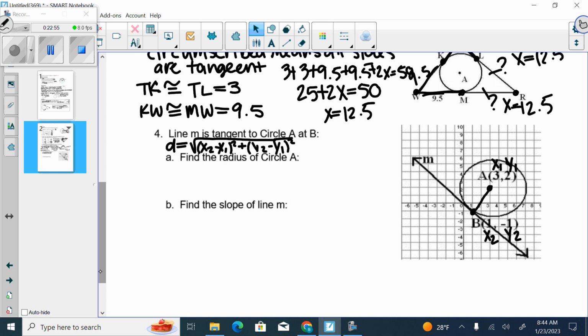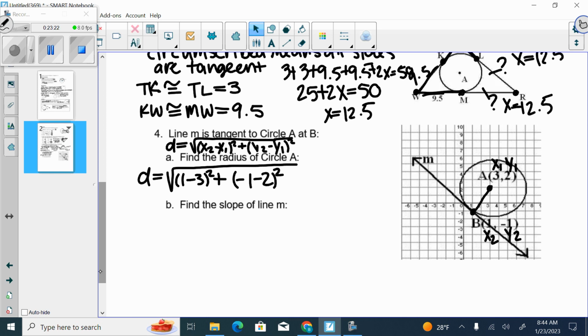So for finding the distance, I'll have the square root of x2 minus x1 is going to be what? Good. Squared plus y2 minus y1 will be good.